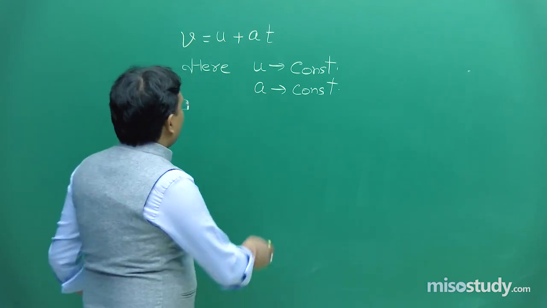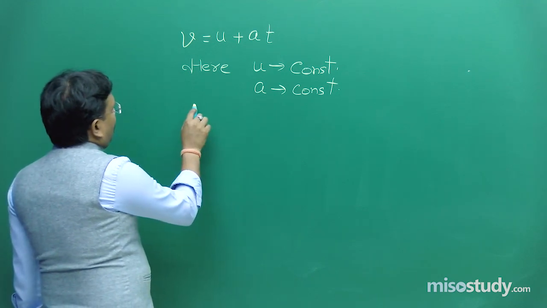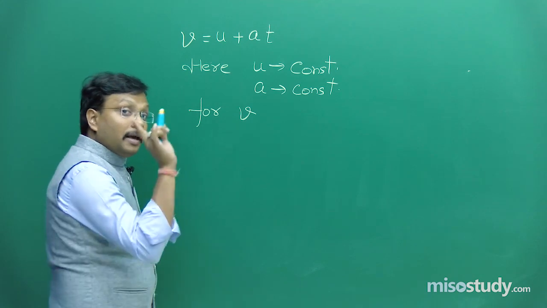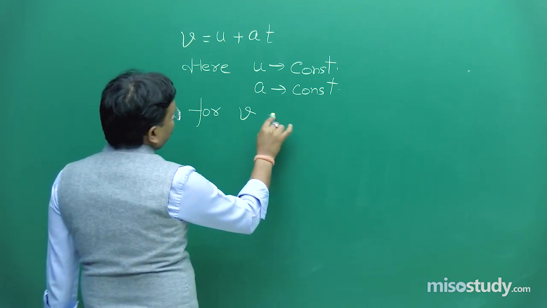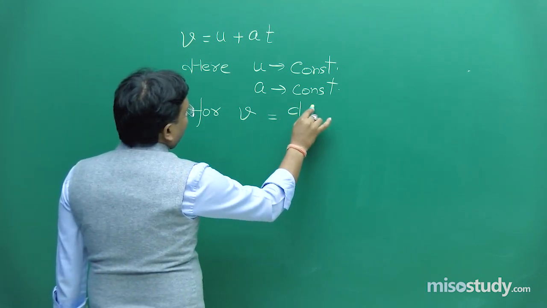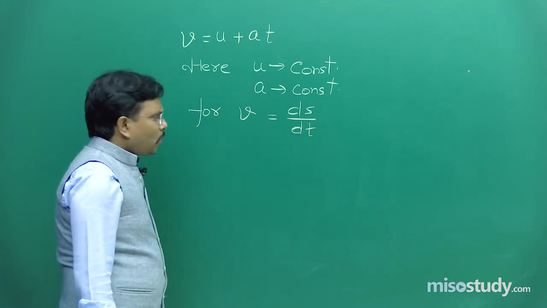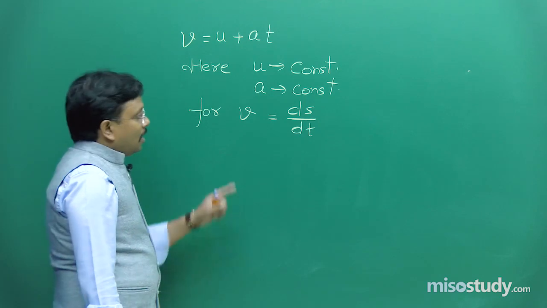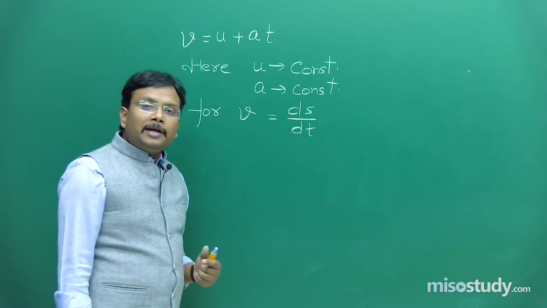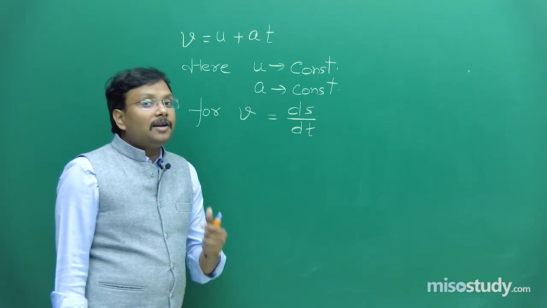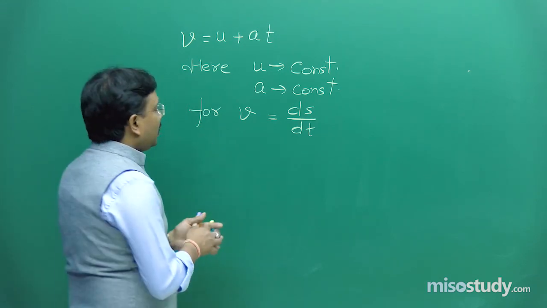Fine. So, for v, if I am writing ds by dt, you can say no problem. Why? Velocity is what? Rate of change of displacement with respect to time. Okay.